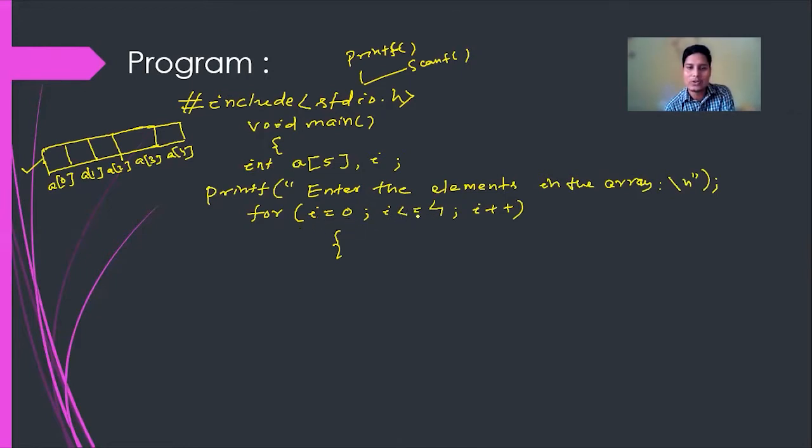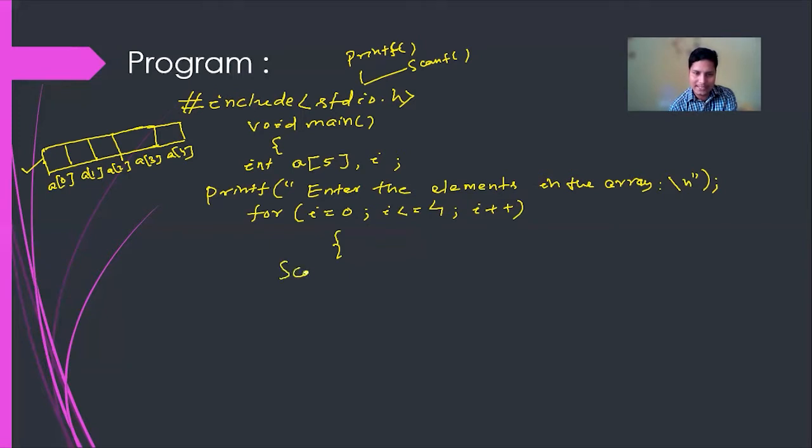Then i less than equal to 4, because if we count from 0 to 4, then it will be 5. So if i equal to 1, then I will write i less than equal to 5. But if i equal to 0, I have to write i less than equal to 4. Then i plus plus. Each time the value of i will be incremented, and for that the statements inside the for loop will be executed.